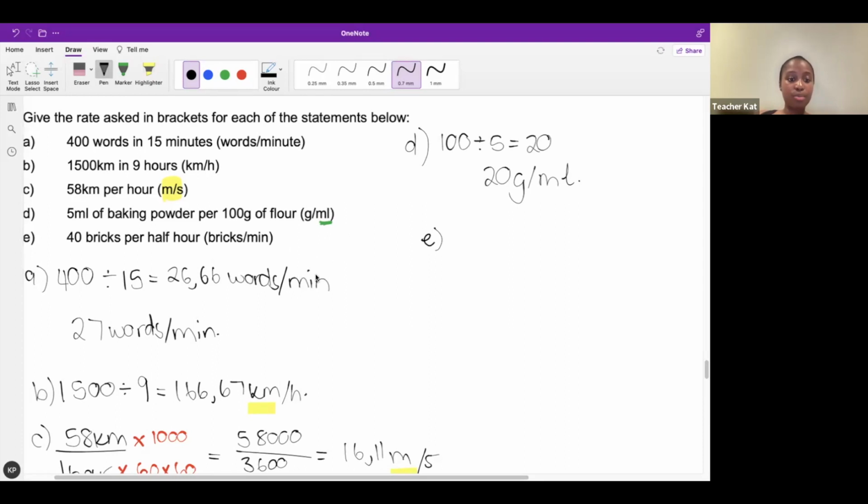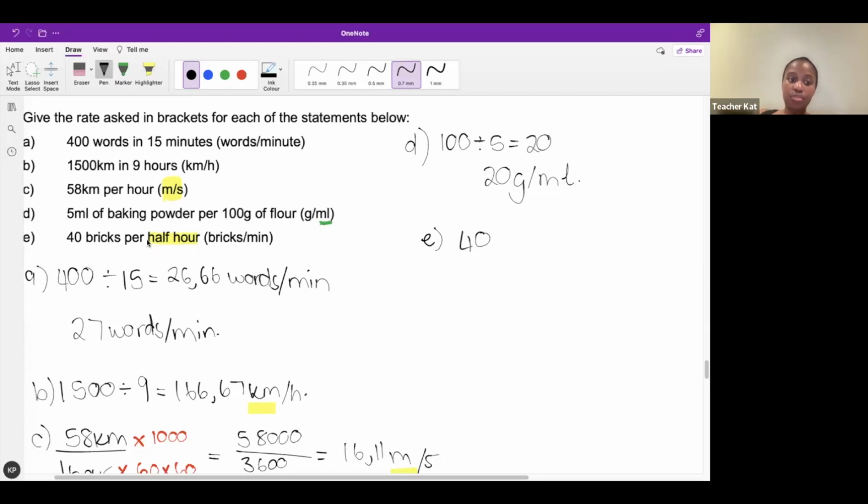Okay, 40 bricks per half an hour. We want to know how many bricks per minute. Half an hour is how many minutes? It is 30. So then I have to take this 40 and do what? Look carefully.